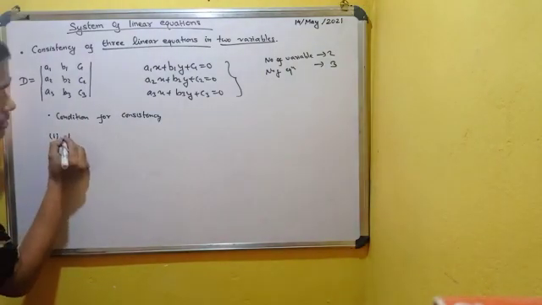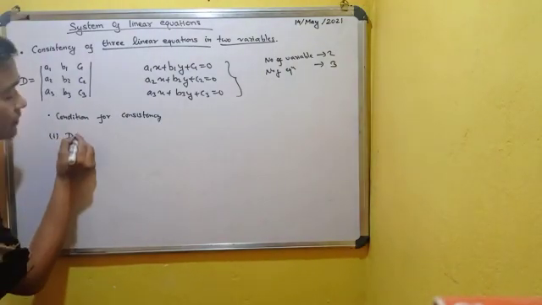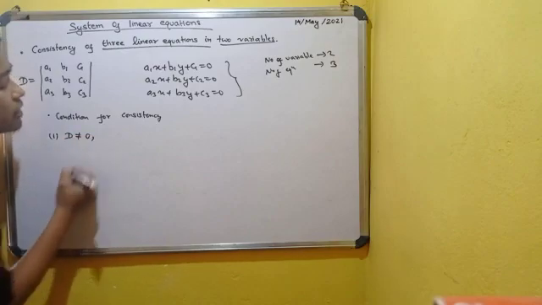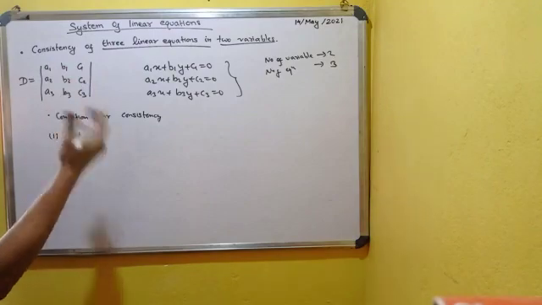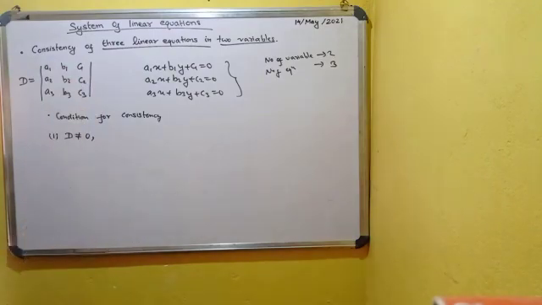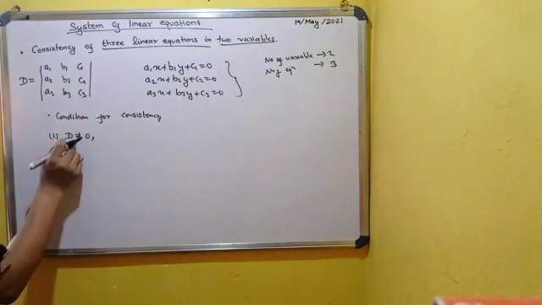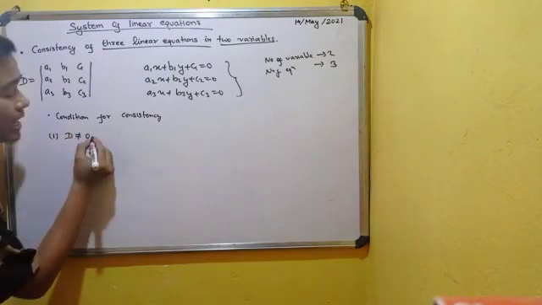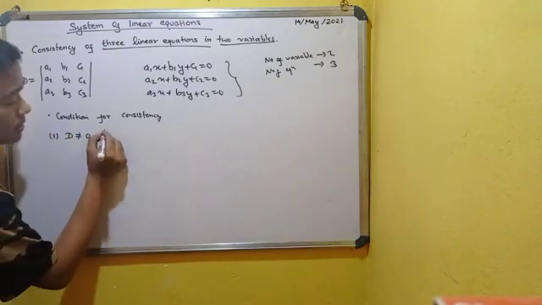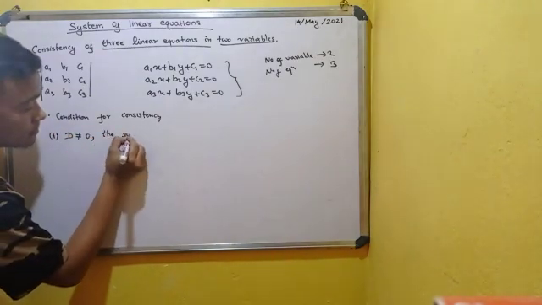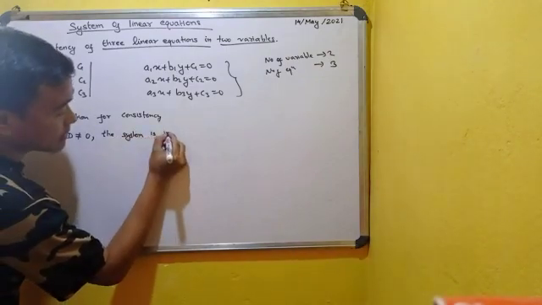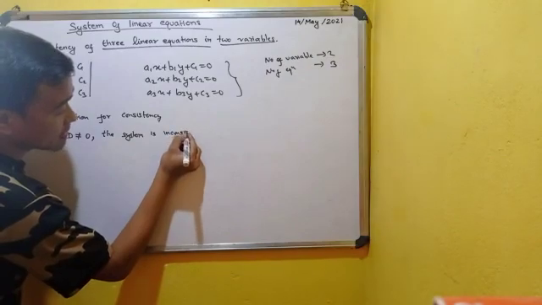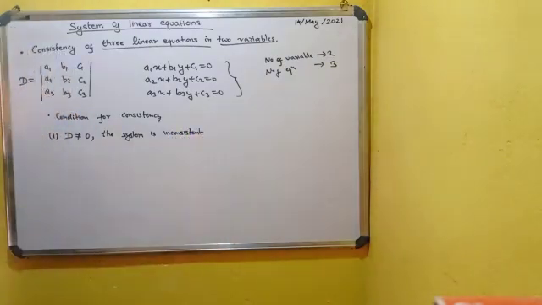So first, note number one: if this determinant value is not equal to 0, meaning the value of the determinant is 1, 2, 3, 4 or anything, but if the determinant D is not equal to 0, then the system is inconsistent.